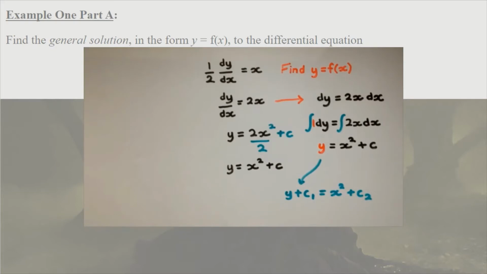What I've effectively done is I've added a constant to both sides. Now, there's no point doing that. If I combine the two, I would have y equals x squared plus c2 minus c1, which is just a constant. So I could just call it c and just add it to one side and just not have to deal with this unnecessary step.